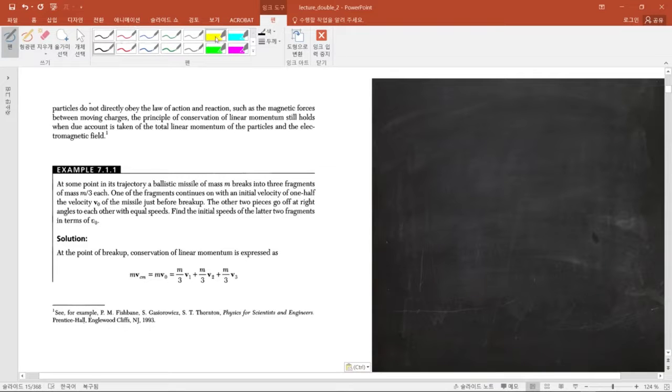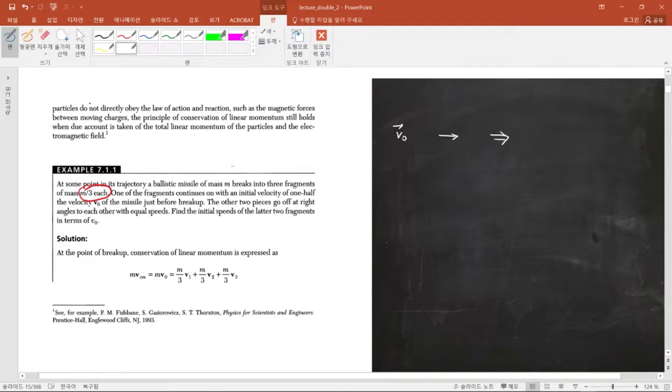Let's look at this example. At some point in its trajectory, a ballistic missile of mass M breaks into three segments of mass M over 3 each. The missile originally has velocity, let's call it V0, and breaks into three segments.